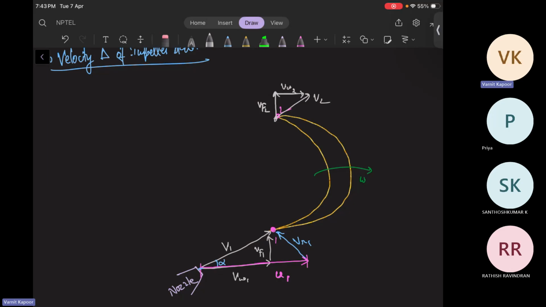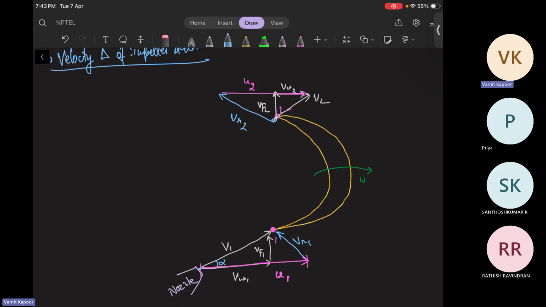The other condition is, I have a u2 component here, from here till here. So I need to have a relative component here, that is vr2. So the condition is satisfied: vr2 plus u2 is equal to v2. The other condition is also satisfied.